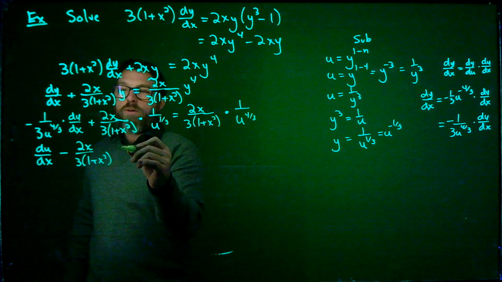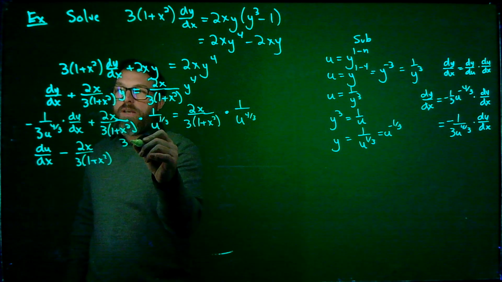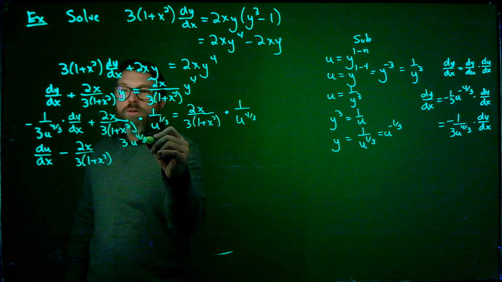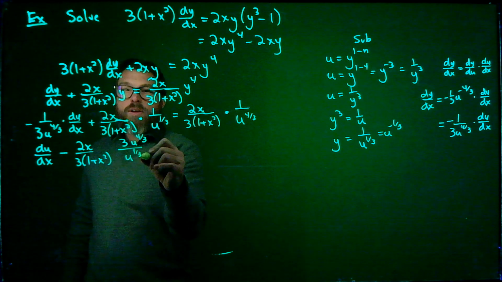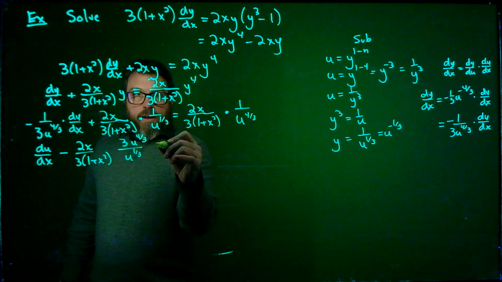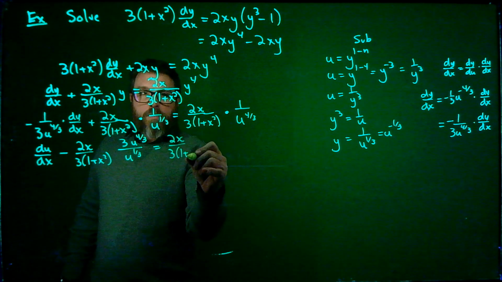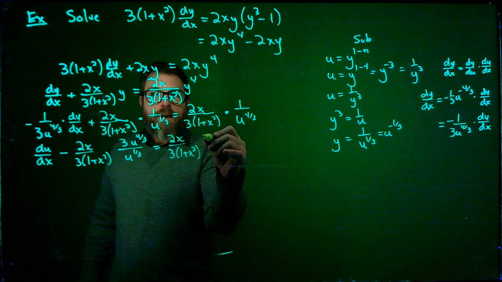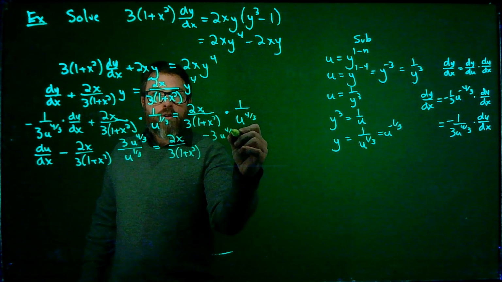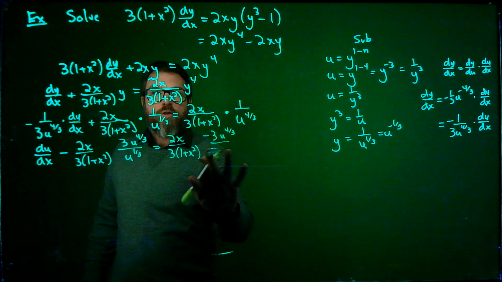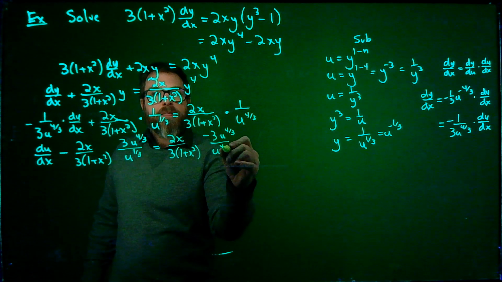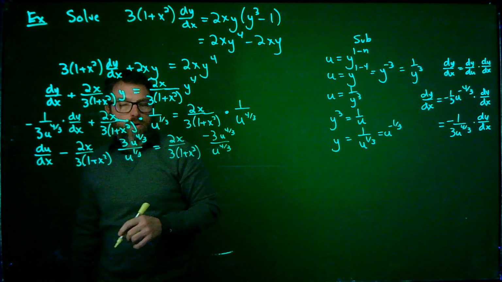And remember that we're going to have this 3u to the 4/3 over u to the 1/3 equals 2x all over 3 times 1 plus x squared. And then I'm also going to have that minus 3u to the 4/3 all over just u to the 4/3. And we'll see some things work out nicely.